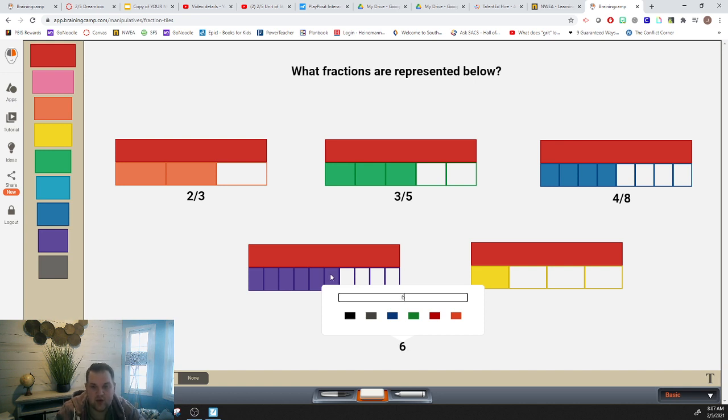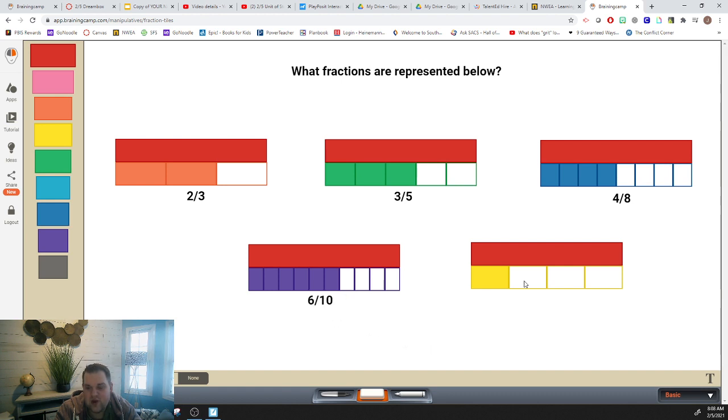So that's my numerator, 6. Then I need my fraction bar. Now I'm going to find the denominator. So I've got 6, 7, 8, 9, 10. So it takes 10 pieces to make one whole. And that means that my denominator is 10 and my fraction is 6/10.